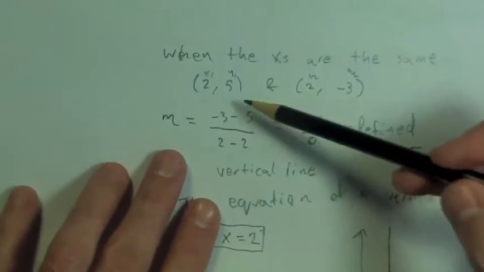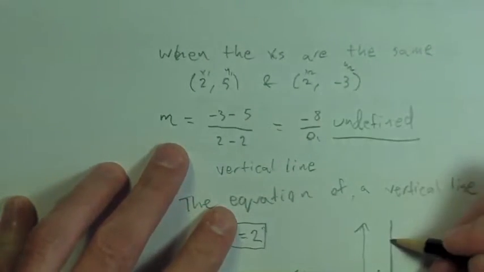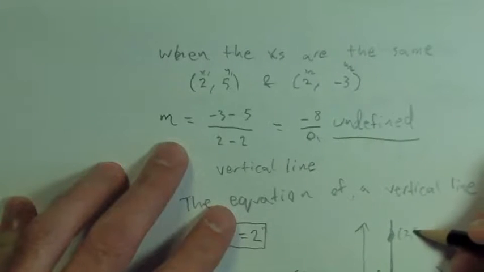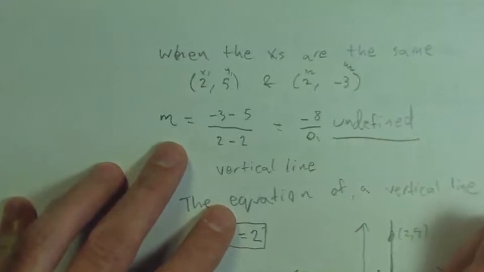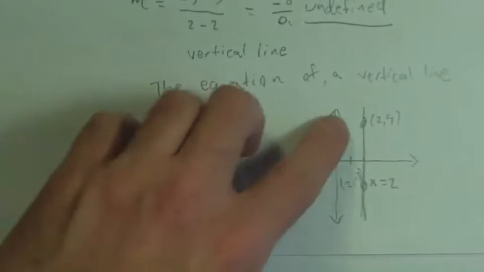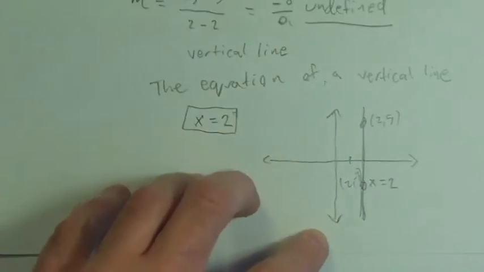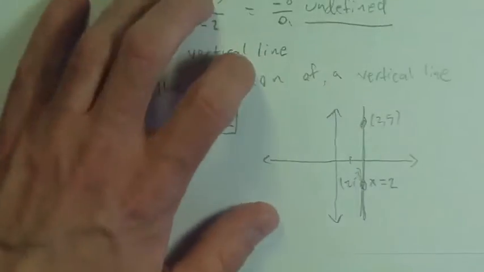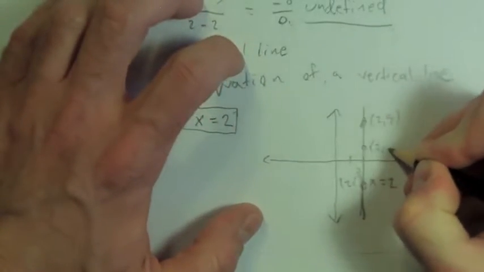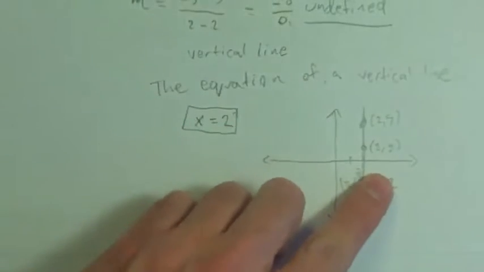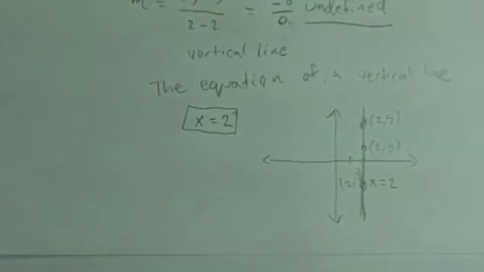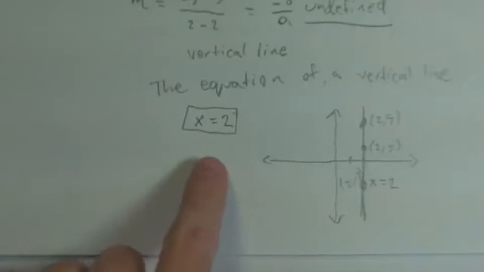We see that the point 2, 5 would be here, and 2, negative 3, which would be here, both fall on this line. So all the points on this line are 2, some y. That's why we just say the line is x equals 2.